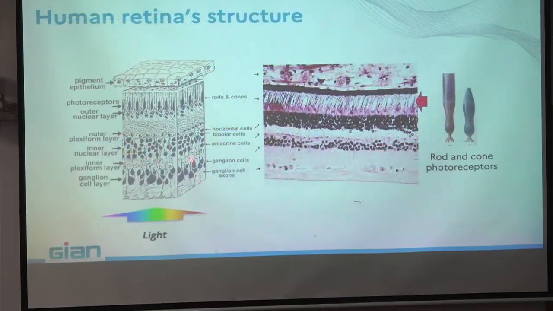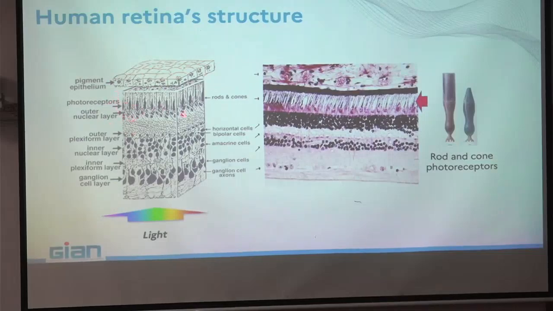Continue. In fact, the light is coming from here, and you see it penetrates different layers. I don't want you, of course, to know what all those layers are. They have different functionalities. I will explain some of them. And then you arrive just before the white part of the eye, the sclera, which is the external part of the eye.